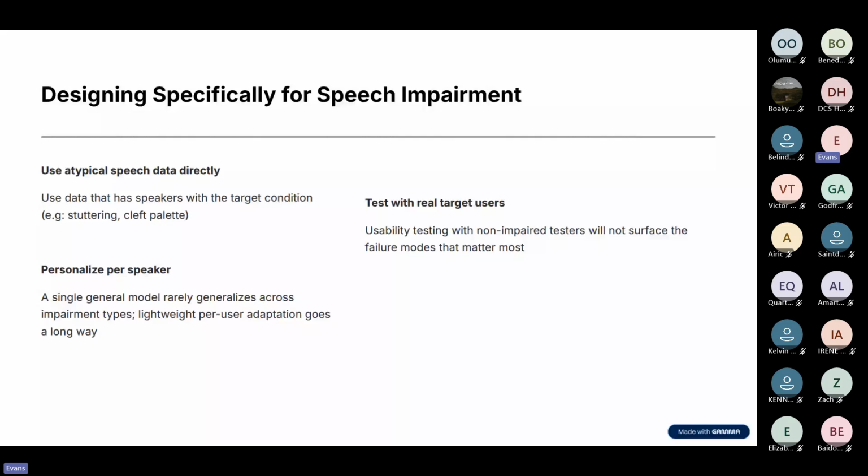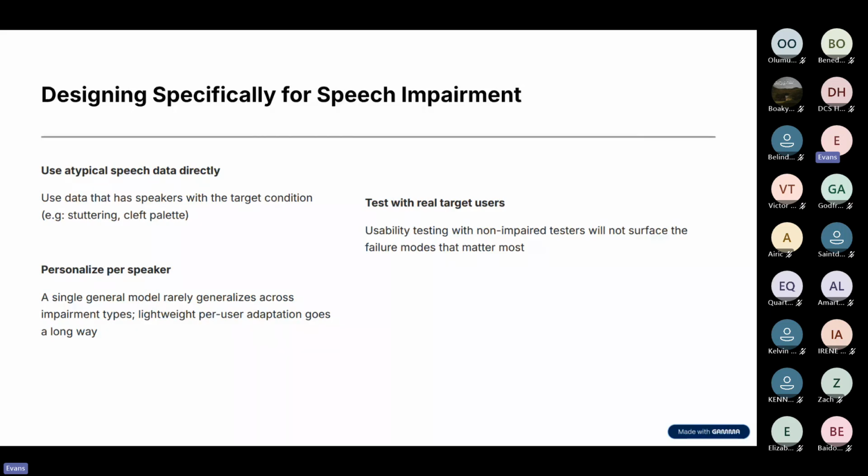And then after that, you test with real users, right? So always, when it comes to these, you're designing for people. So always test with real users.